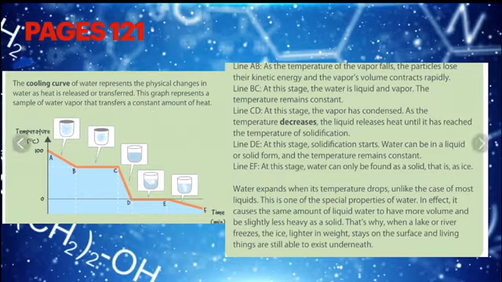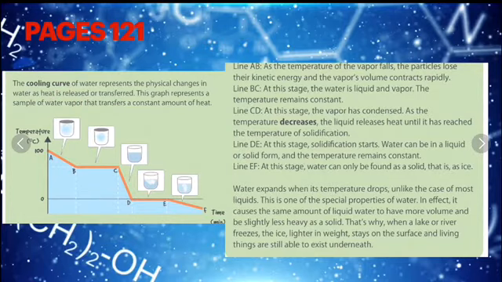Now, if you observe, in the previous one we saw the heating curve, okay? How can heat transform into a gas vapor? Now over here we're going to see the cooling curve of the water. How does it change? How is the heat released or transferred?